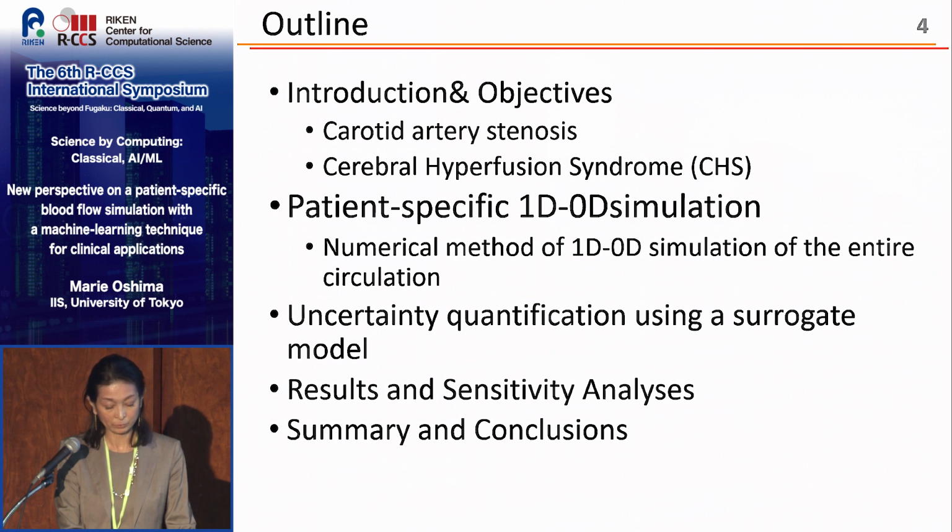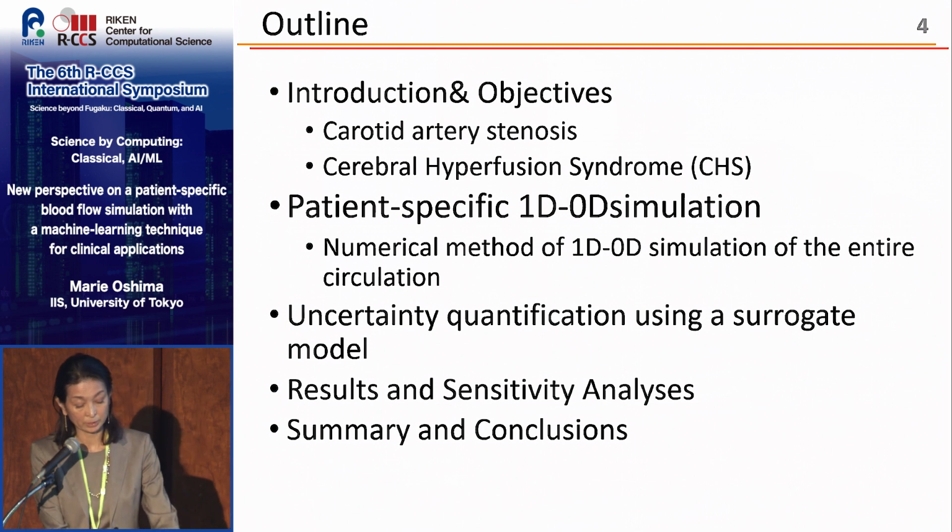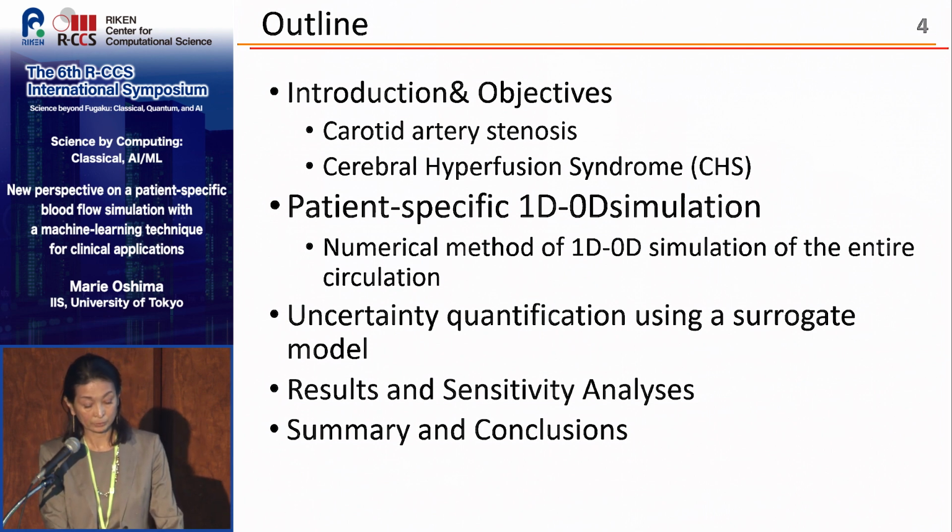And we use a surrogate model. Then I'd like to present some of the patient cases and the results. And since machine learning can conduct a sensitivity analysis, I'm going to talk about that. And then I'd like to conclude with a summary.